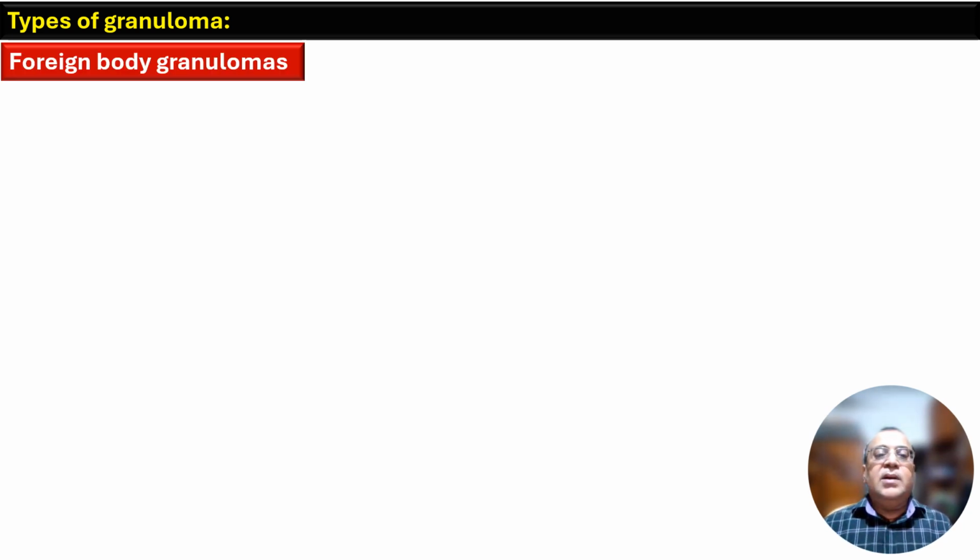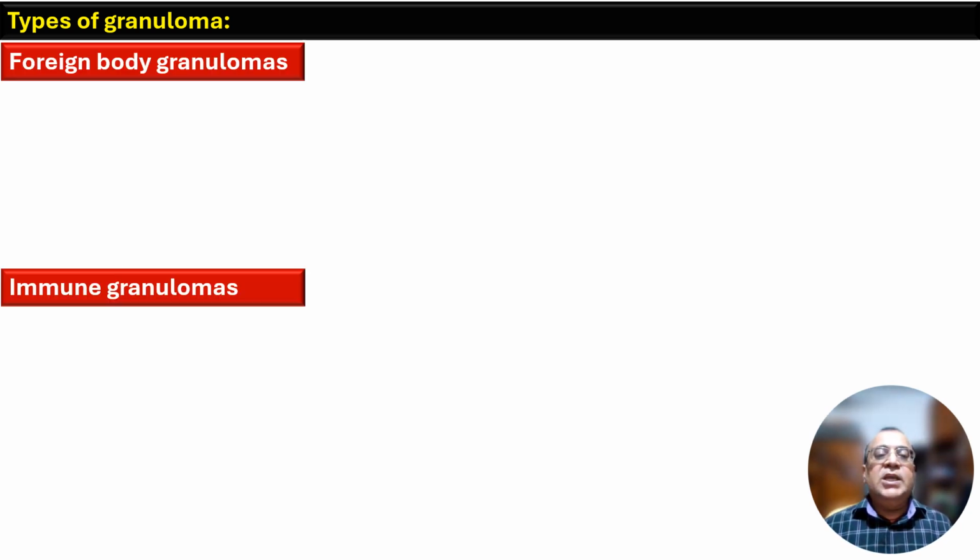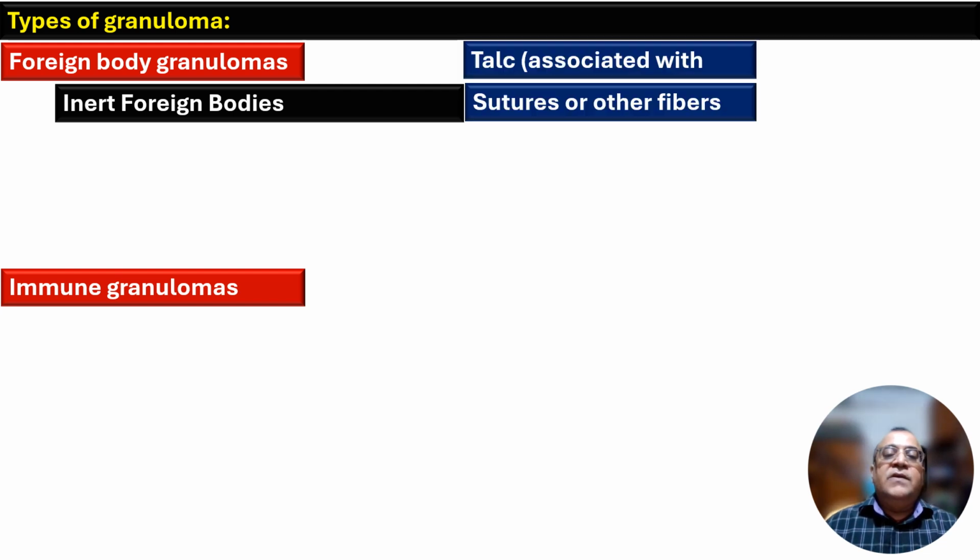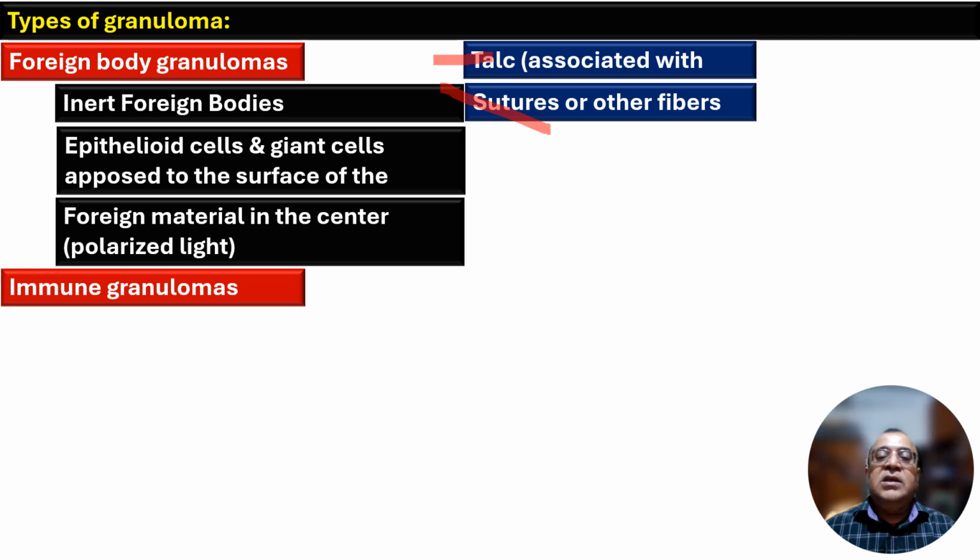The granuloma can be divided into two types. One is the foreign body type of granuloma, and the other is the immune granuloma. Inert foreign bodies such as talc, present in tissue in intravenous drug abusers, or suture or other fibers inside the site of tissue injury or wound.